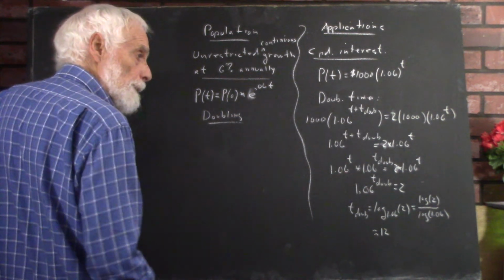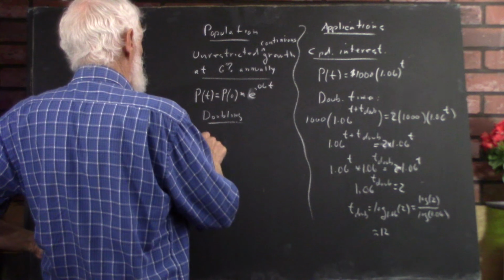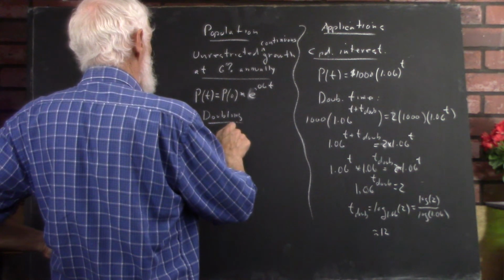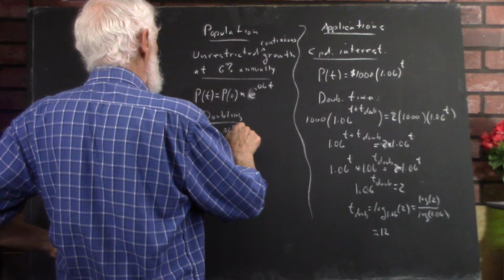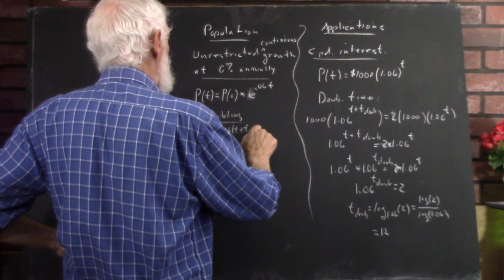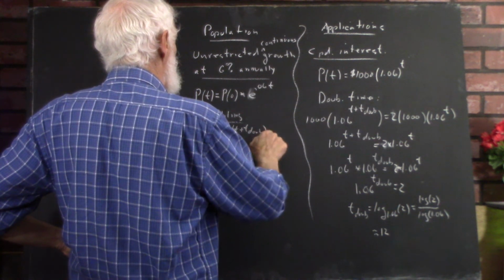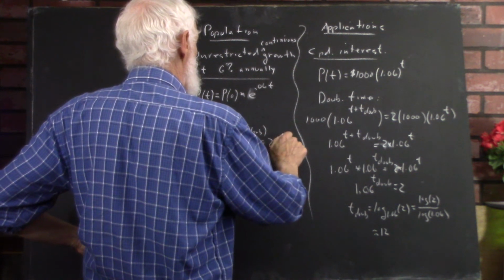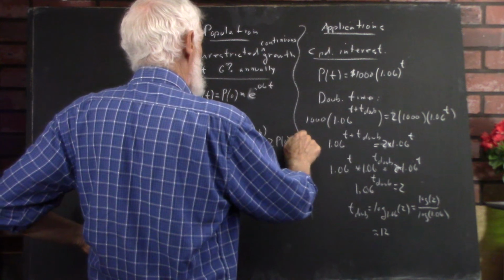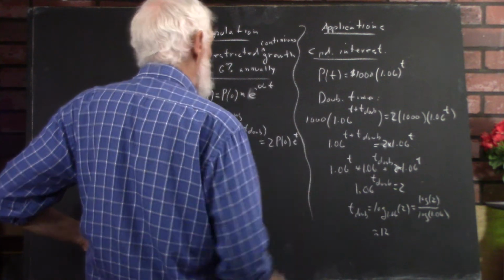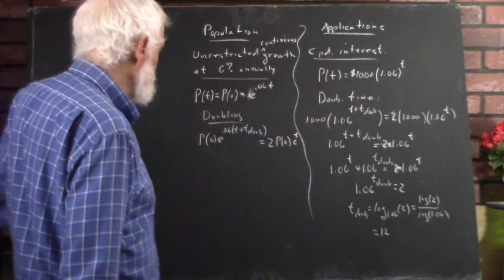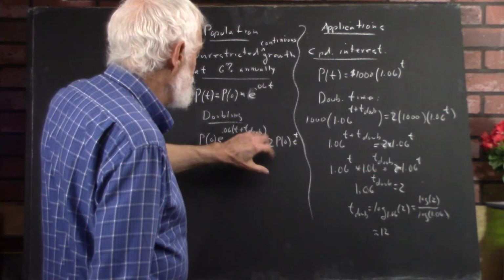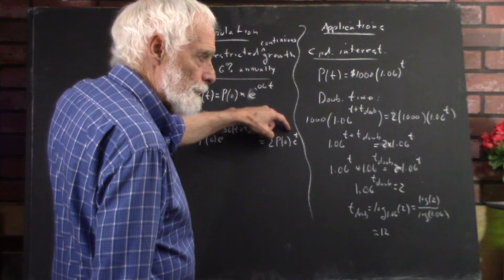To double that, you would want P of 0 e to the 0.06t is how much you have at time t.